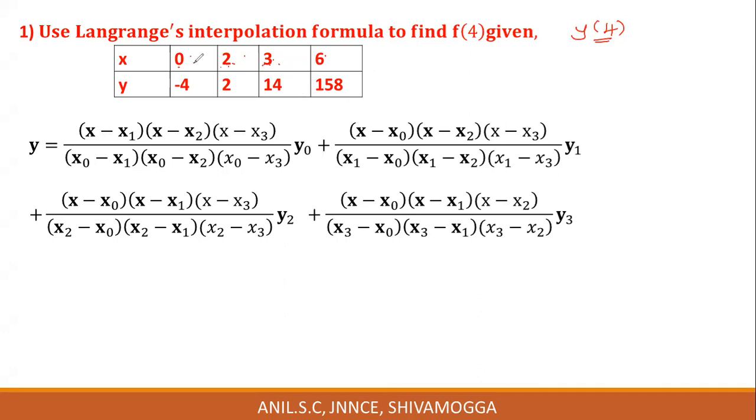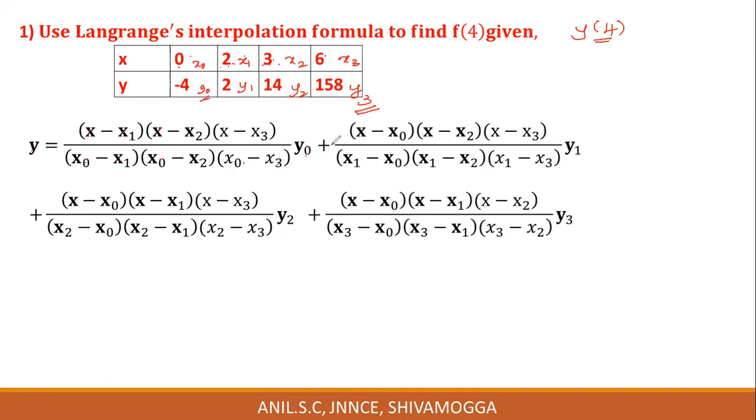This is x0, this is y0. This is x1, this is y1. This is x2, and this is y2. This is x3, and this is y3. Now, write the formula up to y3. Y is equal to, and in the first term, x0 will not appear in the numerator, it appears in the denominator. x minus x1, x minus x2, x minus x3, divided by, now replace x by x0: x0 minus x1, x0 minus x2, x0 minus x3, into corresponding y0.